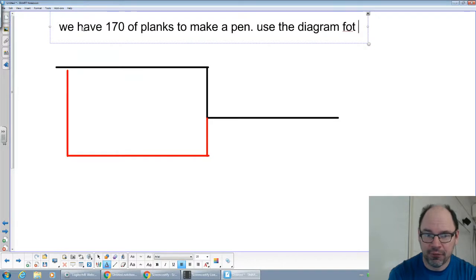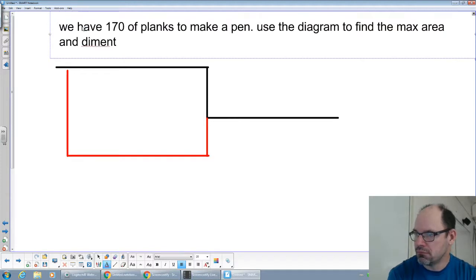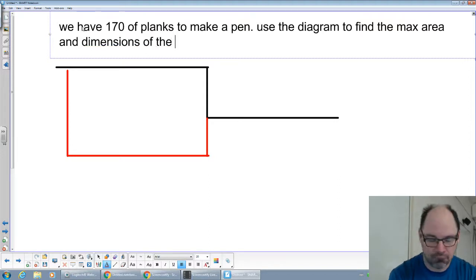to find the max area and dimensions. Okay, so let's say on this type of example, let's say that this is 10 feet out.